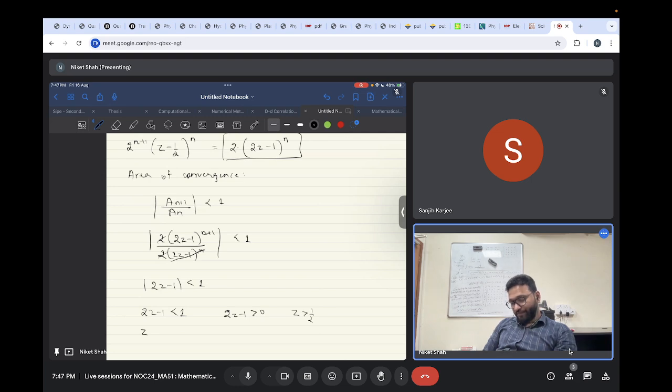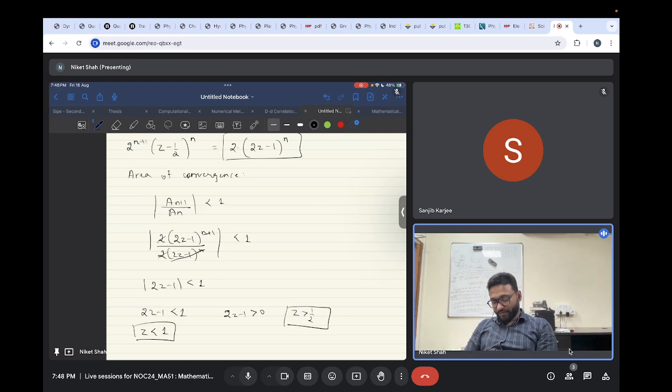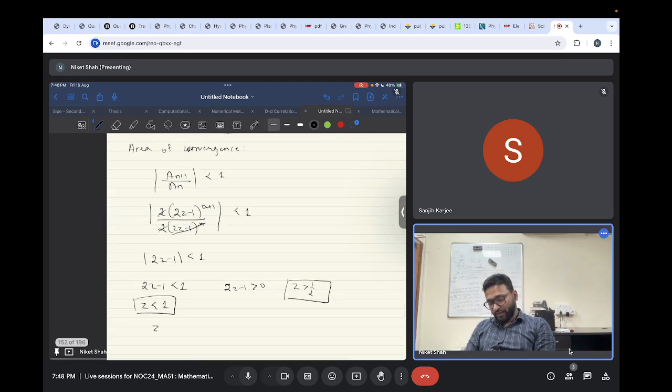So this gives me z less than 1. Firstly, to open this like this, z is greater than half, but the final conclusion is z is less than 1. So z basically belongs to half to 1.